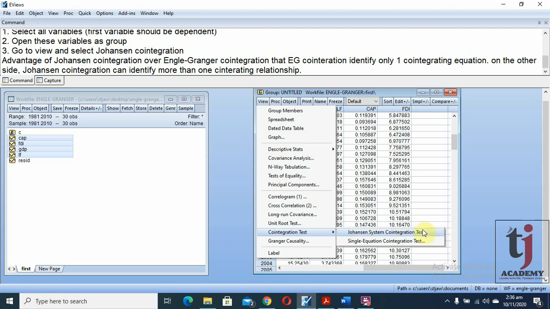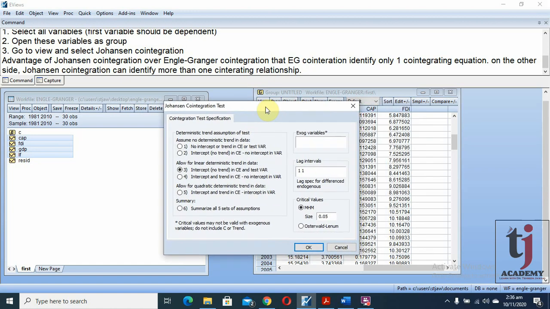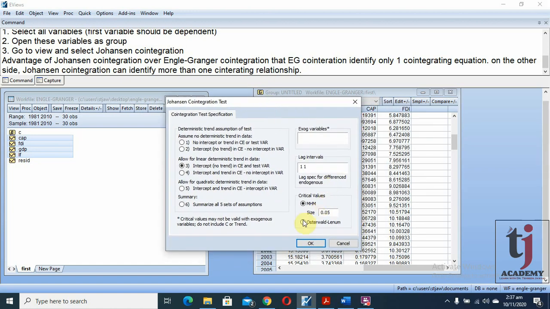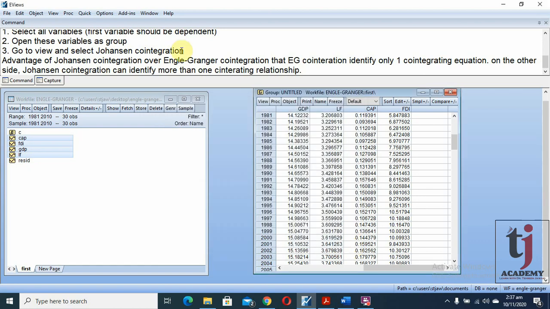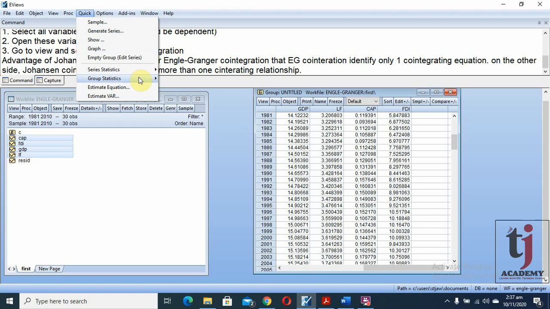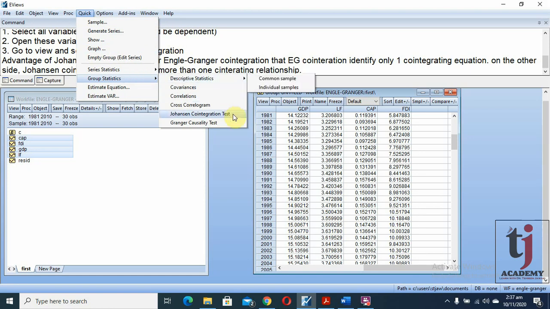View, cointegration test, then Johansen system cointegration. Now we are looking at this window. One more way to get this is, go to quick, then group statistics, then Johansen cointegration test.